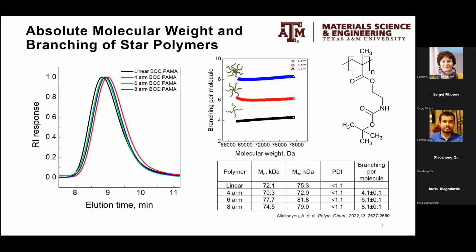If you put these results together, you see that the branching per molecule was pretty consistent, and we got a good set of polymers with 4, 6, and 8 branches. An important thing to remember is that they all have the same molecular weight, since we are doing core-first polymerization and matching molecular weights.